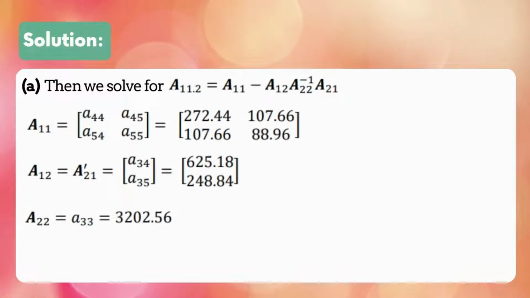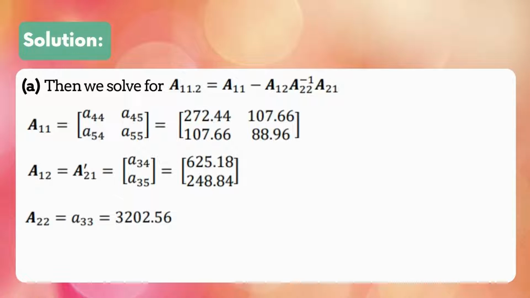Then we solve for A11.2, which is equal to A11 minus A12 times A22 inverse A21. To get A11, we obtain the following elements from our reduced A matrix, and the resulting matrix is as follows. Meanwhile, to get A12, which is equal to A21 transpose, we get the following elements from our reduced A matrix, and the resulting matrix is as follows.